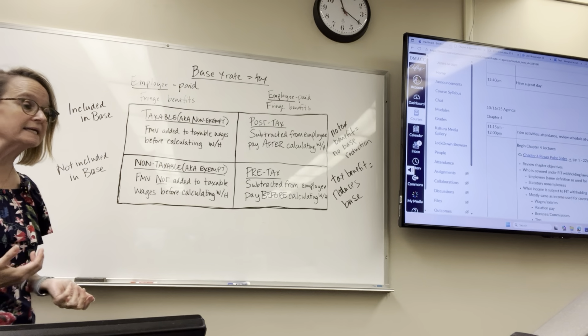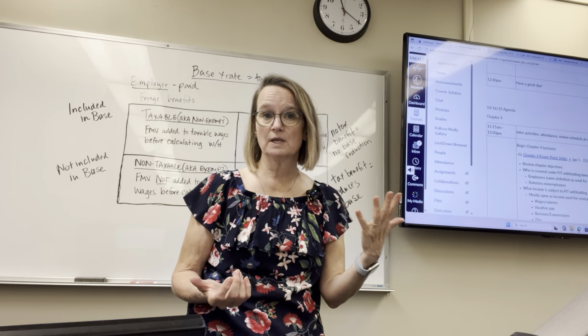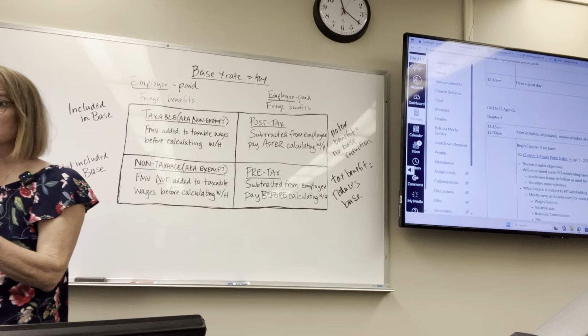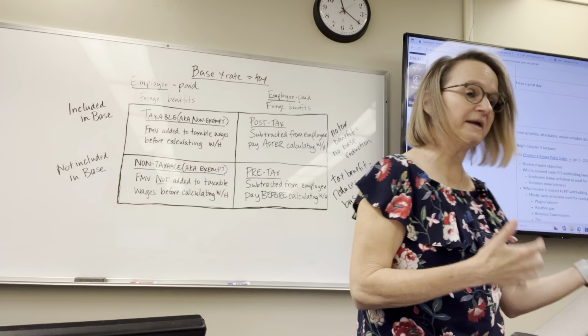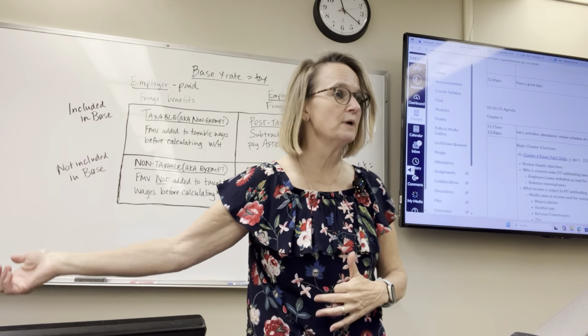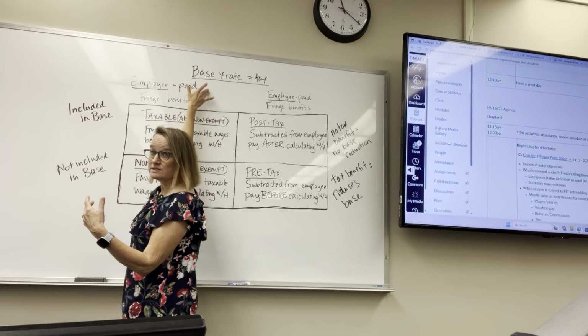Now this calculation is on a per payroll basis, and each payroll can be different, right? If you're getting paid on an hourly basis, if you work 38 hours one pay period and then you work 42 hours the next pay period, that's going to change your base, right?